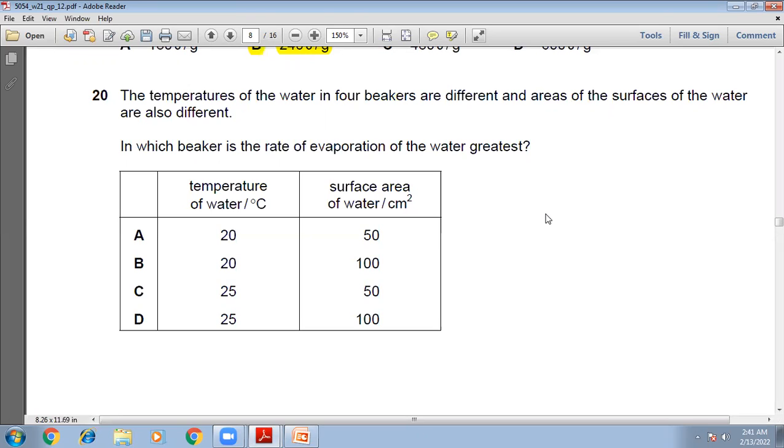The larger the surface area of the water, the greater the rate of evaporation. So I think highest temperature and largest surface area. So I think D is the right choice.